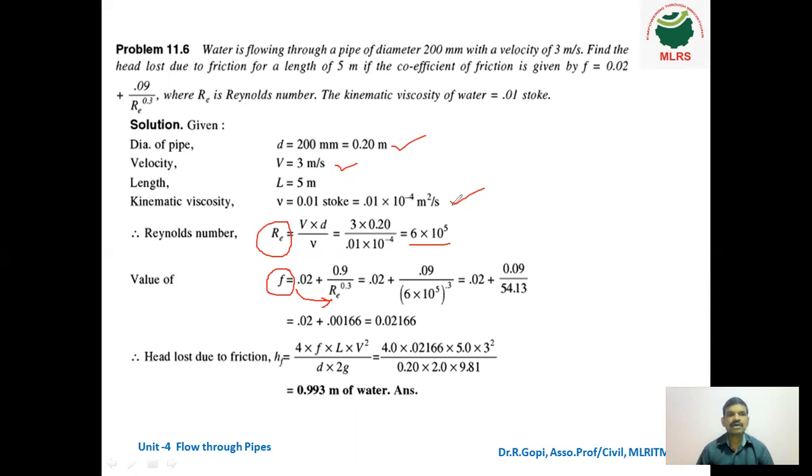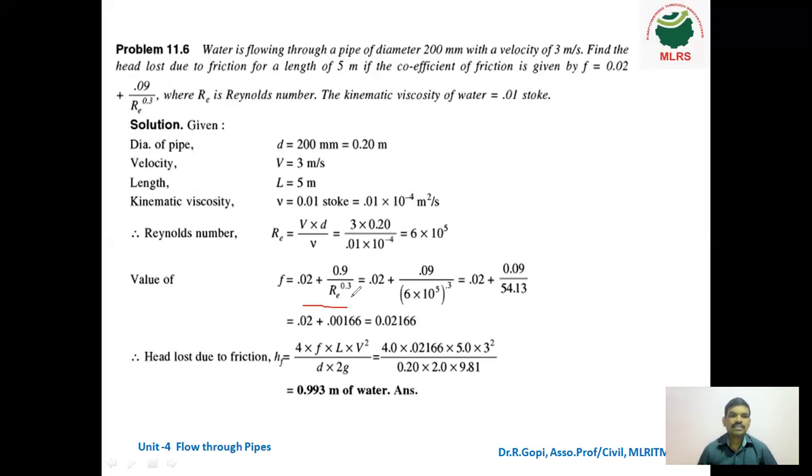Now, based on this Reynolds number, find the coefficient of friction. f is equal to, as given in the question, 0.02 plus 0.09 divided by Re power 0.3. Here don't use the 0.079 divided by Re power 1 by 4 formula, because in this problem they gave a specific formula for finding the coefficient of friction, so we have to use that formula only.